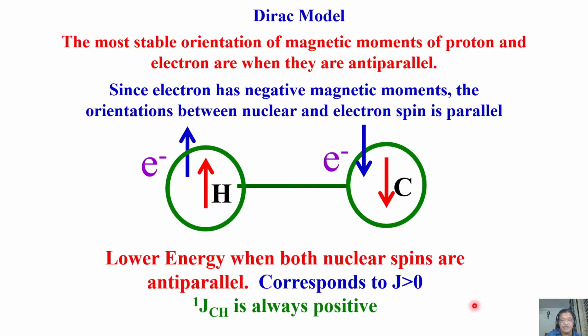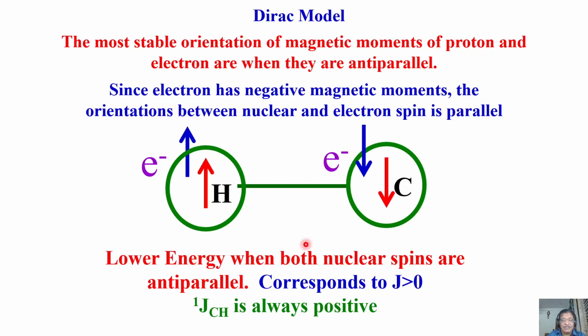1JCH is always positive. The low energy configuration is the stable configuration, and when these two are anti-parallel, the convention is that when the two coupled spins have opposite orientation like this, the coupling is positive. Very easily you can work out. But now if you take one bond JCF, I said one bond JCF is negative. You can work out, go back, and if there is a difference, we will see why it is.